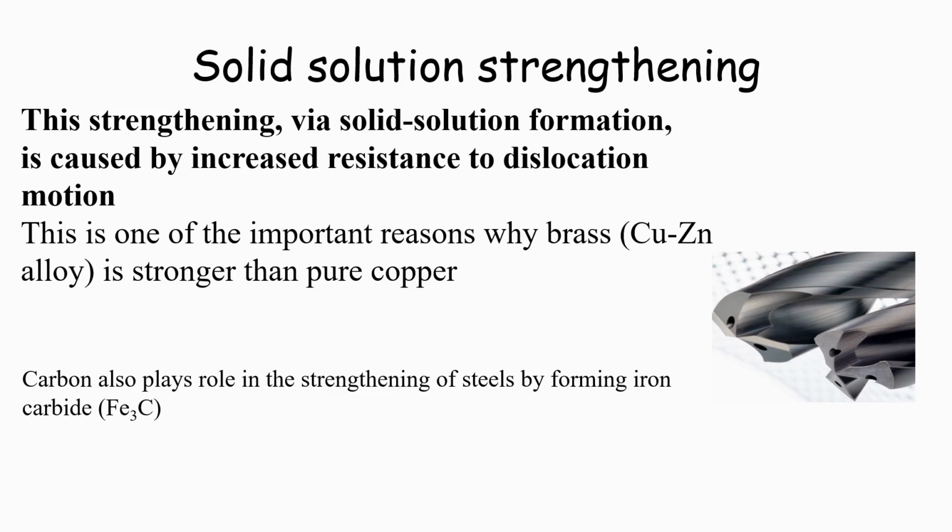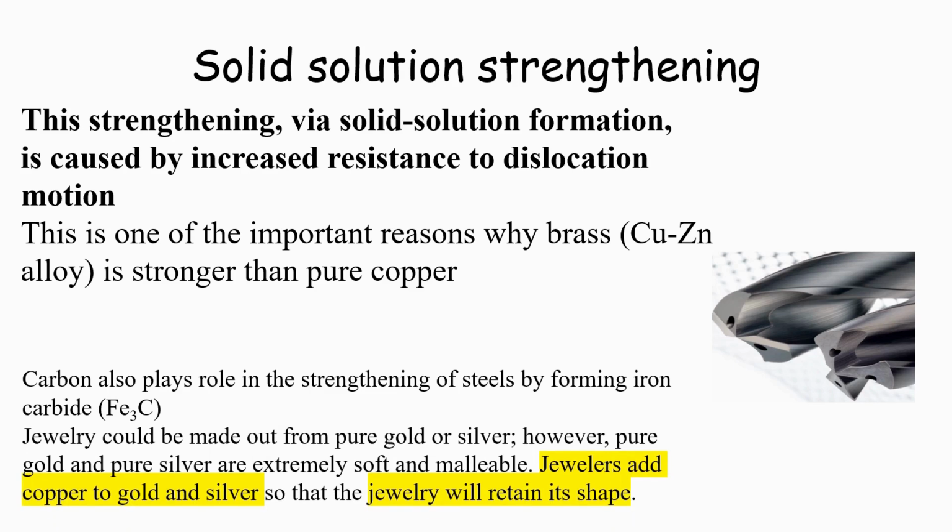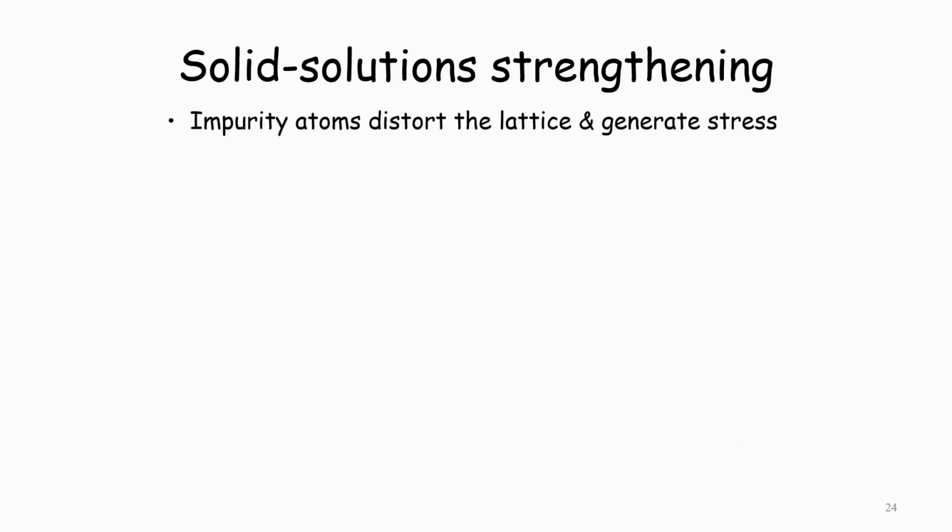So in solid solution strengthening, impurity atoms can distort the lattice and generate stress, and stress can produce a barrier to dislocation motion. Right?